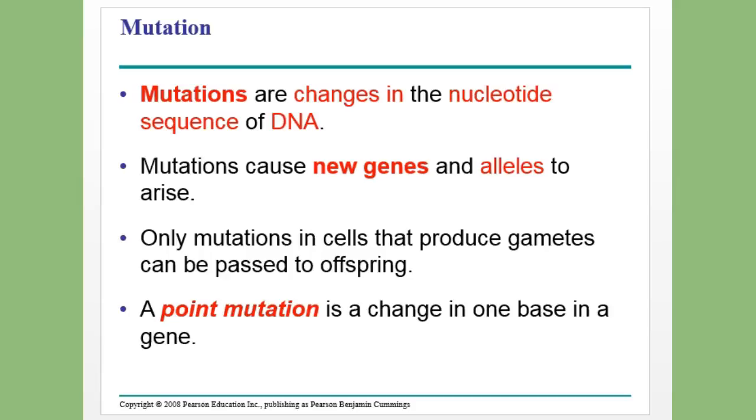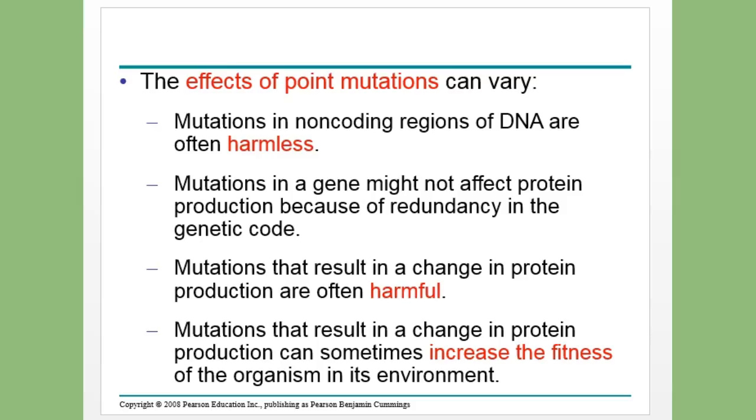Okay? Mutations are changes in the nucleotide sequence of DNA. Mutations cause new genes and alleles to arise. Only mutations in cells that produce gametes can be passed to their offspring. A point mutation is a change in one base in a gene. So specifically switching one point in that genetic sequence.